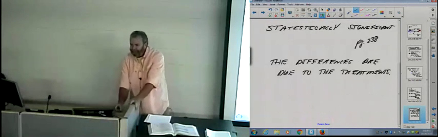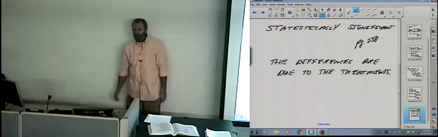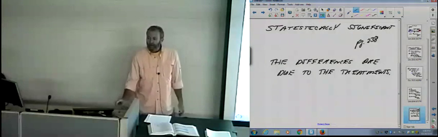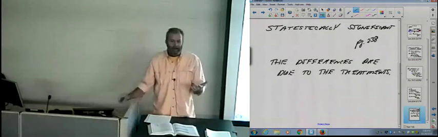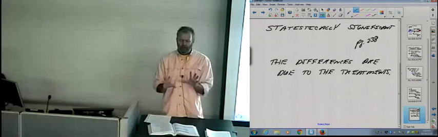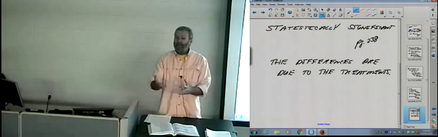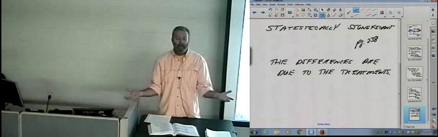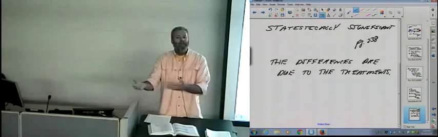Bingo. That's the reason we were doing it to start with. One more time, when somebody tells you the results of my randomized comparative experiment are statistically significant, that's a fancy way of telling you that the differences are due to the treatments.